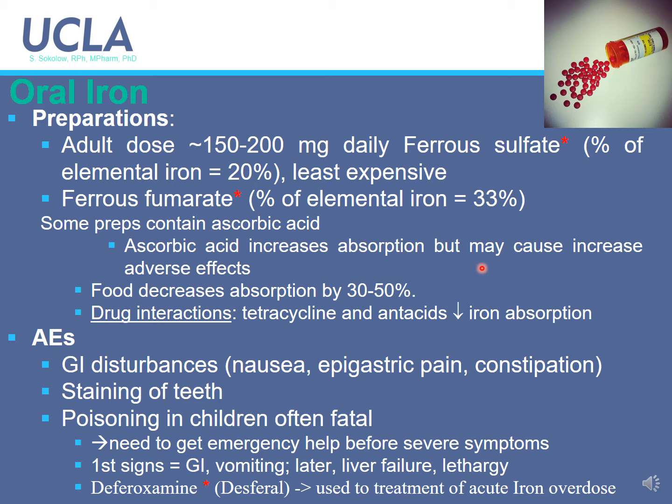The most common adverse effects are the GI disturbances, which can cause nausea or epigastric pain. It's recommended not to take the supplement with food because food decreases the absorption by 30 to 50%. And you have to be aware of some drug interactions, namely with tetracycline and antacids that reduce iron absorption.